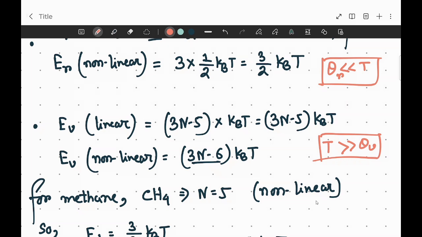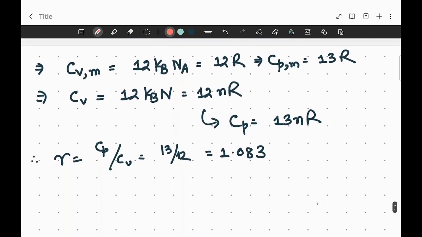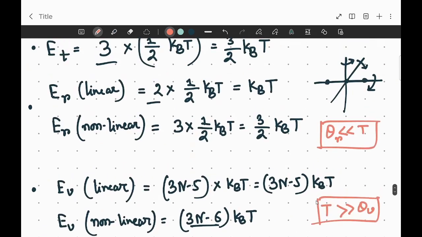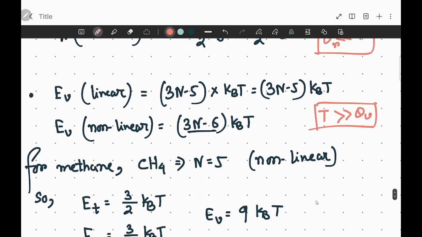Otherwise, you have to consider the partition function. Now you know that theta_V is very, very high compared to theta_R. So this is not always true. If the temperature is very low, then you can't consider this vibrational contribution. At very low temperature, this contribution will not be there.